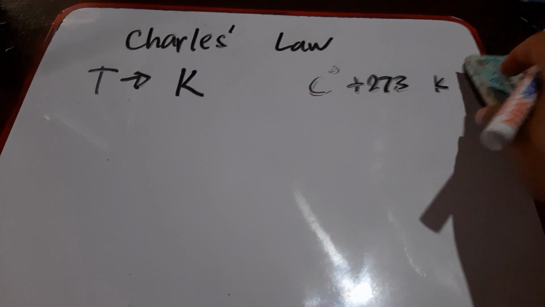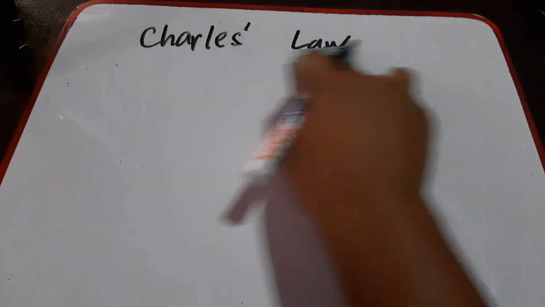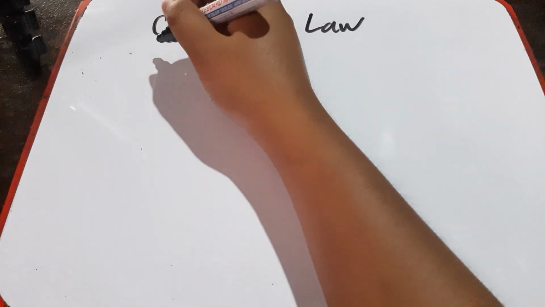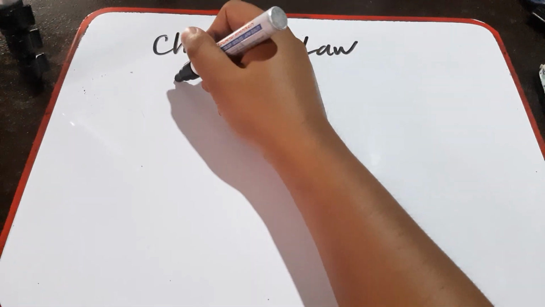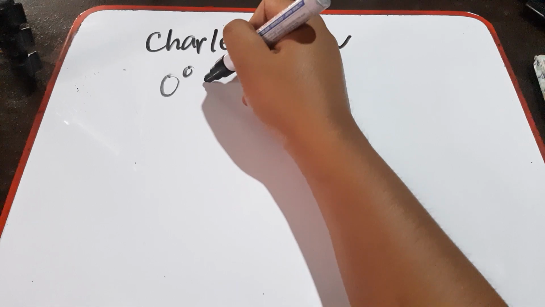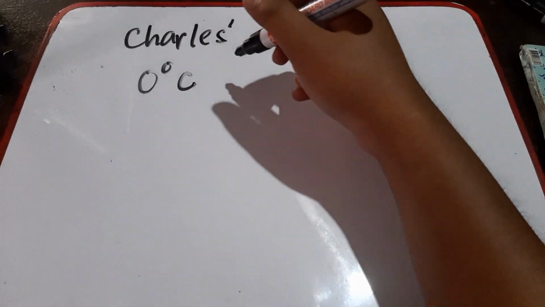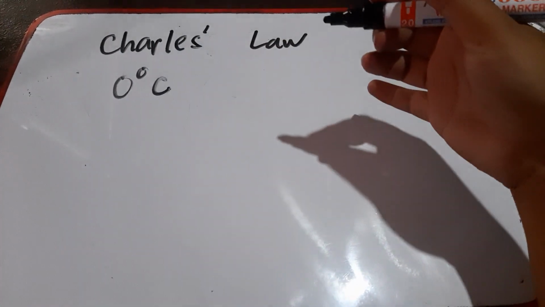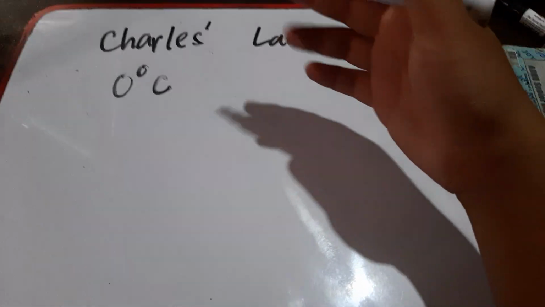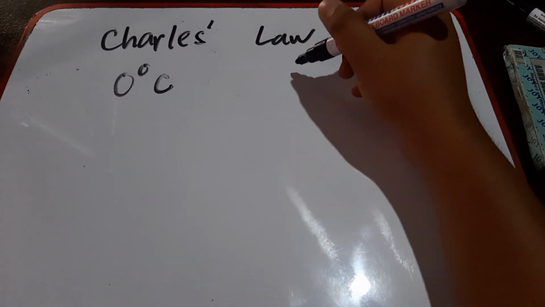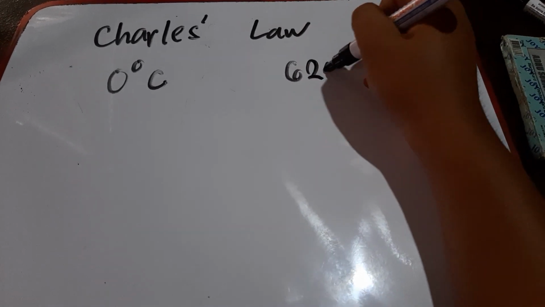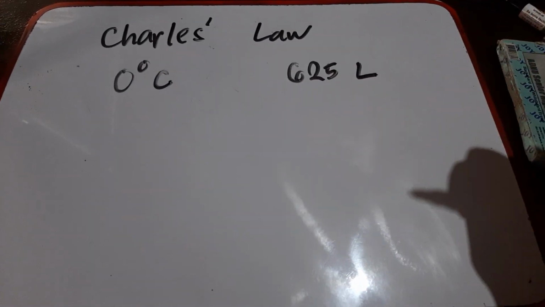So let's have an example. So not a birthday party, it's hard to imagine. Let's say at 0 degrees Celsius, again, I'm not going to write the problem anymore, so I'll just dictate it. At 0 degrees Celsius, the volume of the balloon is 625 liters.